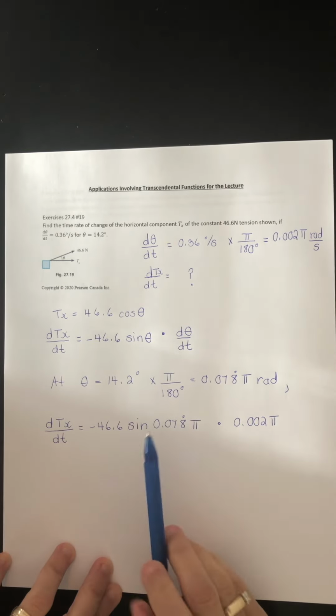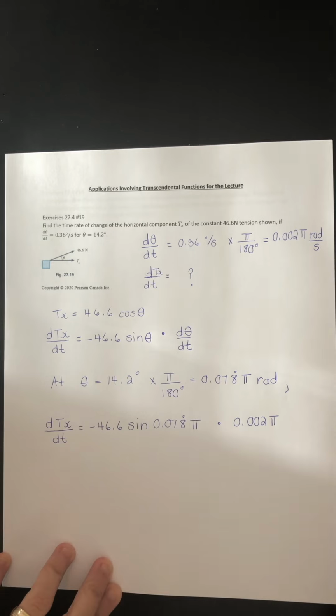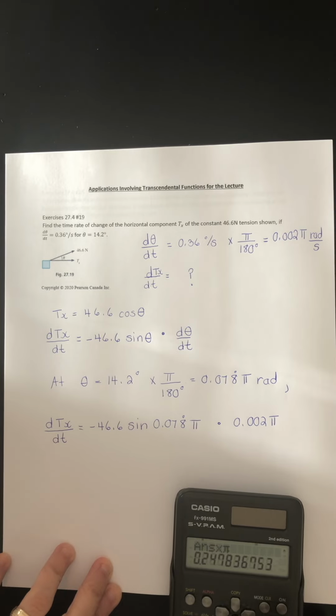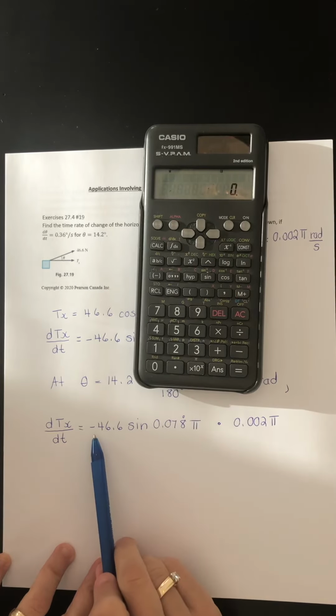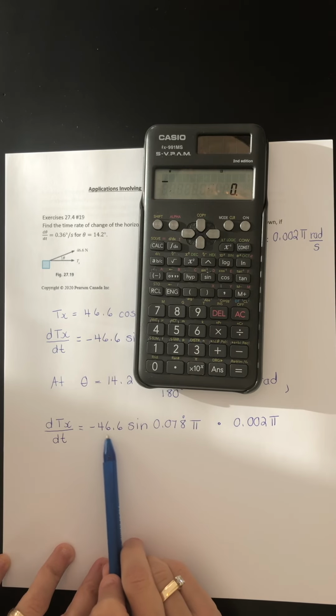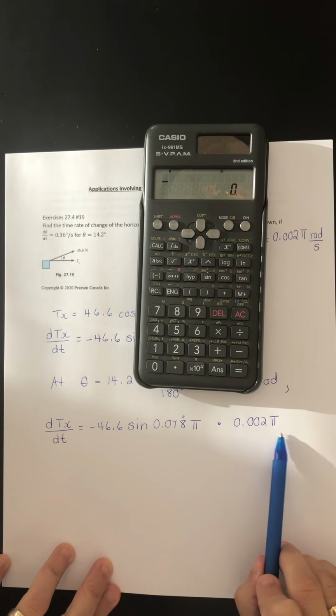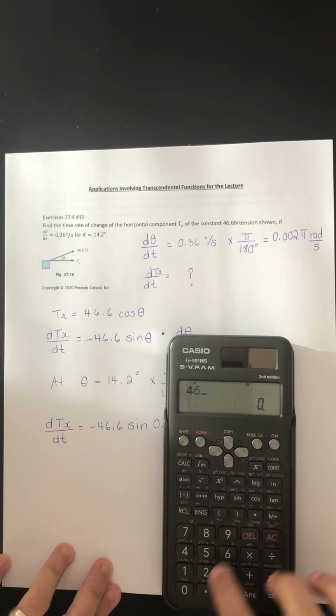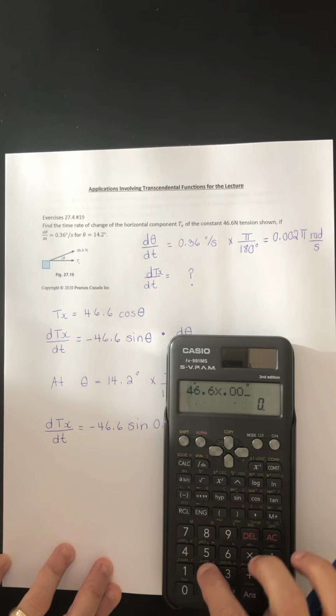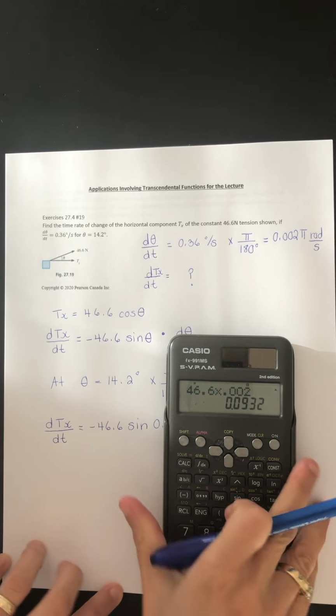Okay, so I'll have to put this into my calculator correctly, I guess would be key here. So actually, maybe I'll take this number 46.6 and multiply it by the 0.002 first, okay? So 46.6 times the 2 milli is now this number.